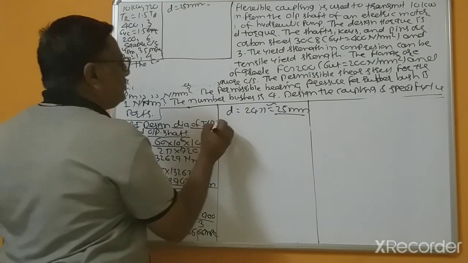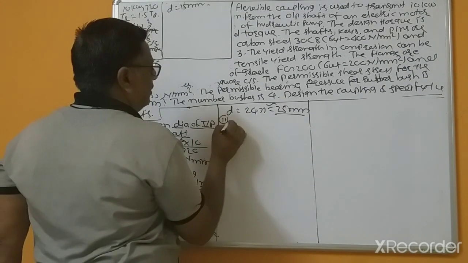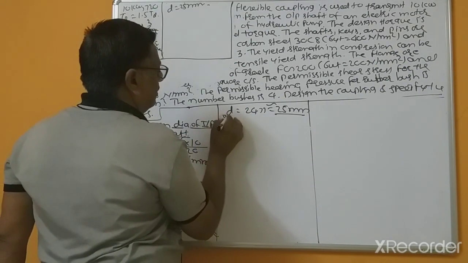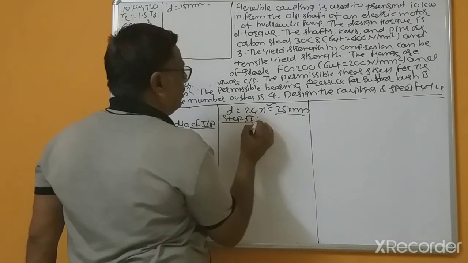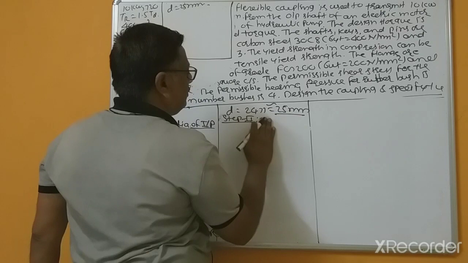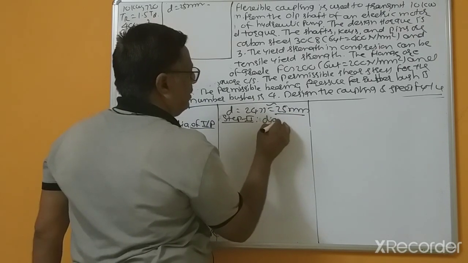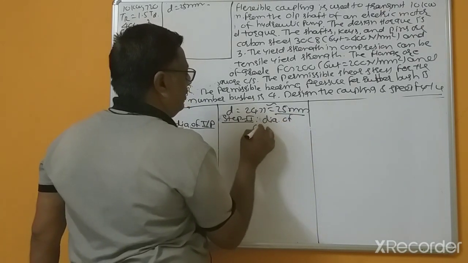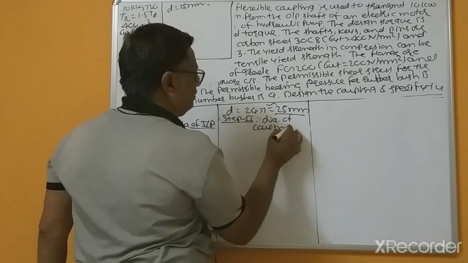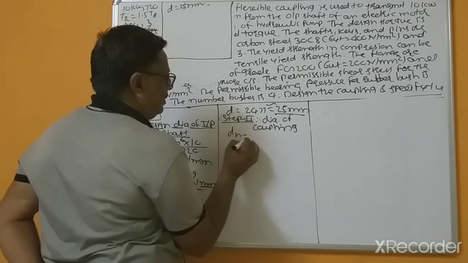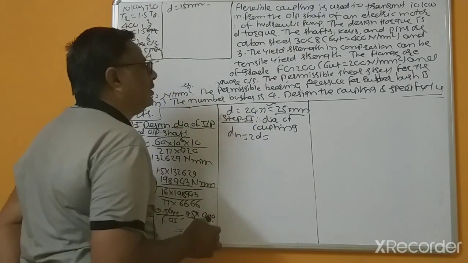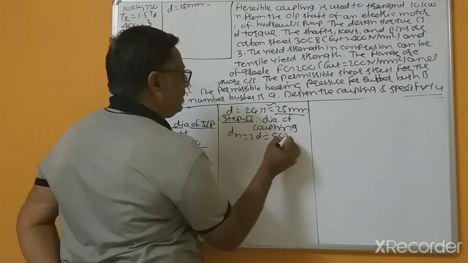What is the next step? Second step: dimensions of coupling. DH equal to 2D, and this is 50 mm.